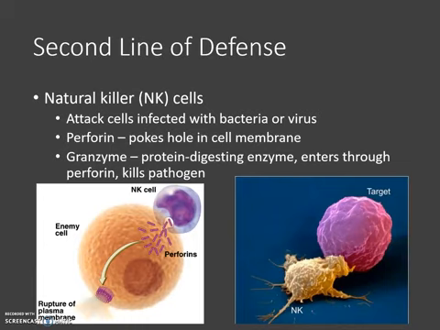Granzymes are enzymes that can then enter the cell through the pore created by the perforin, and that enzyme can then break down and kill the pathogen. It does kill the infected cell in the process, but it helps neutralize the cell to keep it from spreading the pathogen, and then the body can hopefully do mitosis and replace that damaged cell.